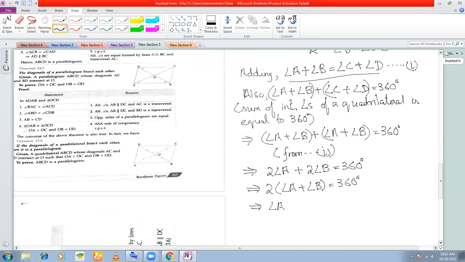Therefore, angle A plus angle B is equal to 360 divided by 2. That means angle A plus angle B is equal to 180 degrees.